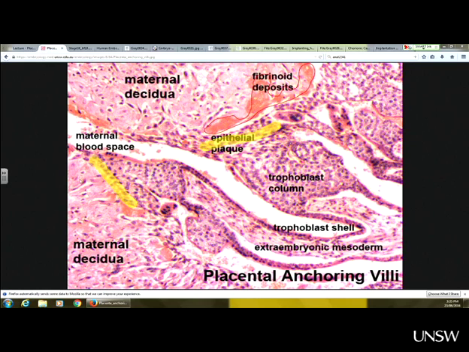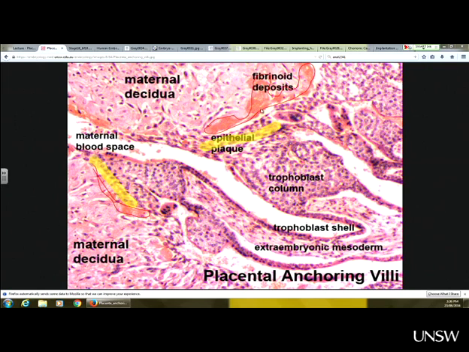And this is part of the decidual reaction. This is called a fibrinoid deposit and is part of the response to the implantation process. So decidualization leads to the stromal cells secreting this fibrinoid material, which underlies the attachment site.